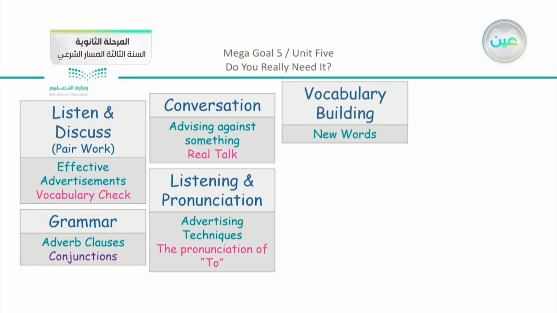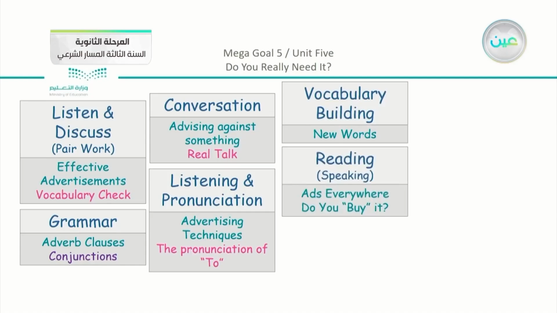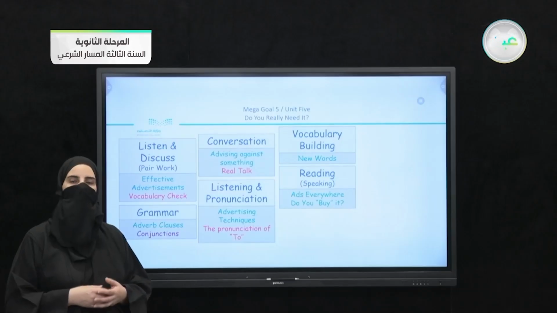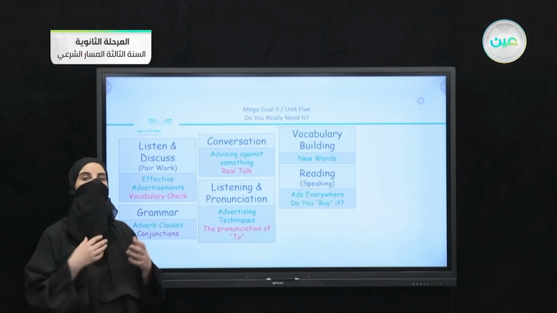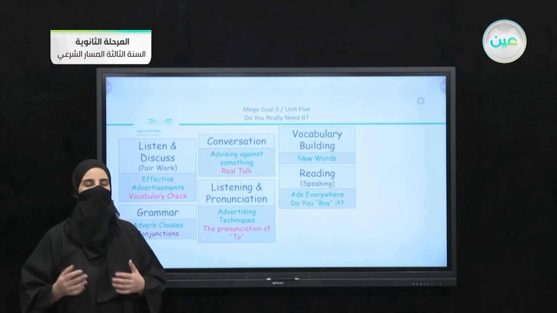We also learned new words through our vocabulary building lesson, which led us to the reading lesson. The reading was Ads Everywhere: Do You Really Buy It? We started by explaining that buy here can have more than one meaning. And the topic in general was about how advertisers attract the consumers.